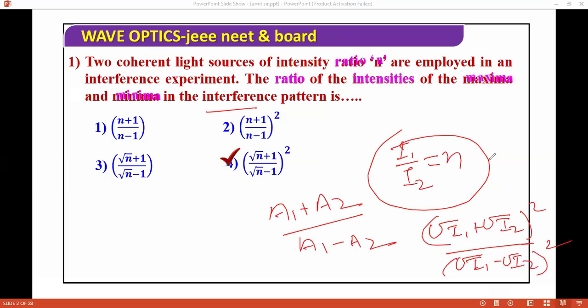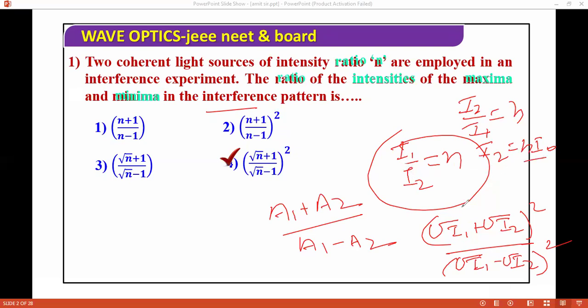So here the ratio I1 by I2 is given. Suppose I2 is I naught and I1 is n I naught.